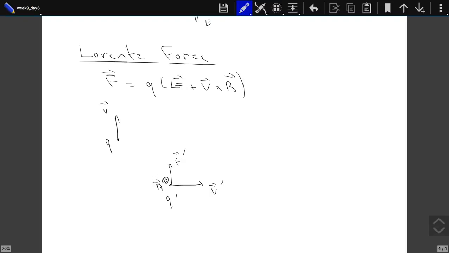Let's do the same exercise for the force acting on Q. What is the direction of the magnetic field created by Q prime at the position of Q? Outwards. What is the direction of the force?